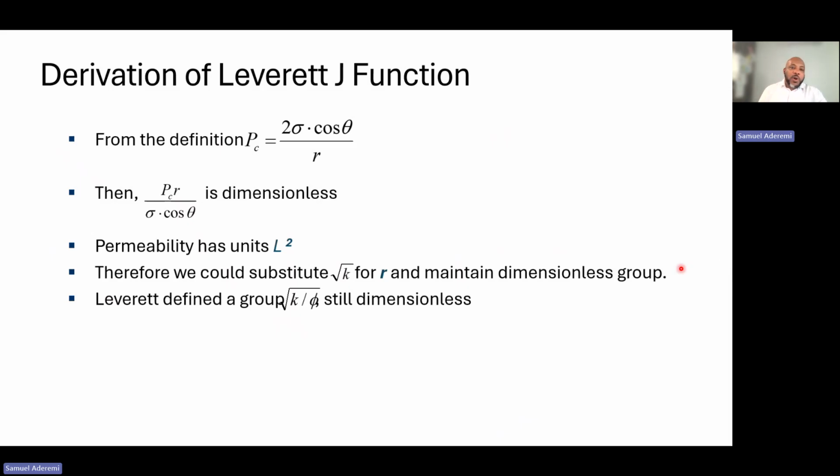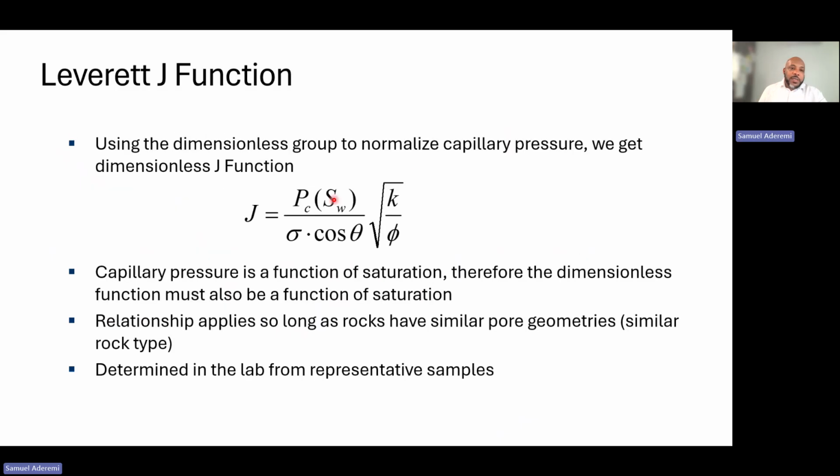That is what the Leverett J-function is built on, and that is how we obtained this expression. If you know the capillary pressure at any saturation point, and the interfacial tension and cos theta that we used previously, you can also calculate the capillary pressure from the J-function, making capillary pressure the subject of the formula in terms of J and the other parameters.